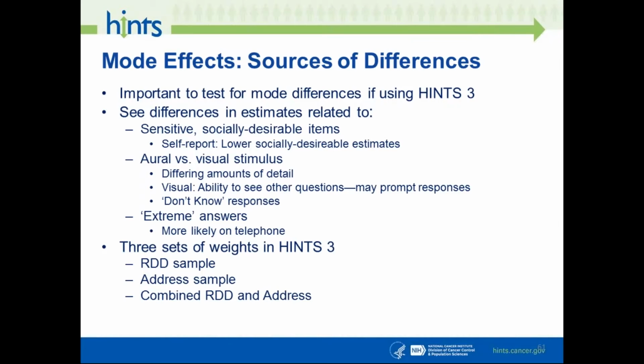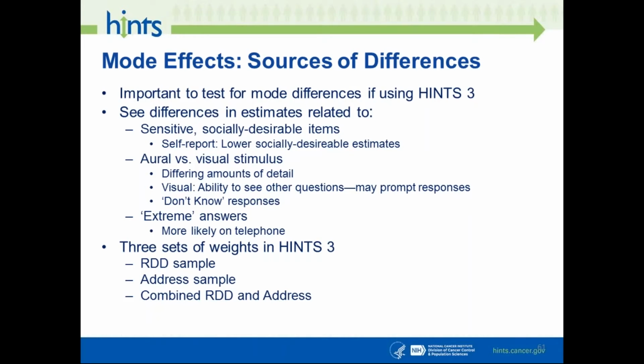So keep in mind, for the telephone survey, you're talking to an interviewer, and they're asking you questions. Have you ever heard of this? What's your knowledge of that? These kinds of things. And you can imagine, versus a mail survey, you get it through the mail, you're filling it out, no one's asking you questions. You can imagine for sensitive questions, people over the phone may tend to answer in a more socially desirable way.